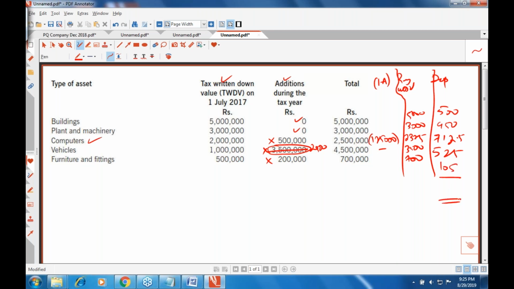Now, what exactly is the total going to be? If we try and establish the total, it's going to be 500 plus 450 plus 712.5 plus 525 plus 105. So this actually gives you 2292.5.